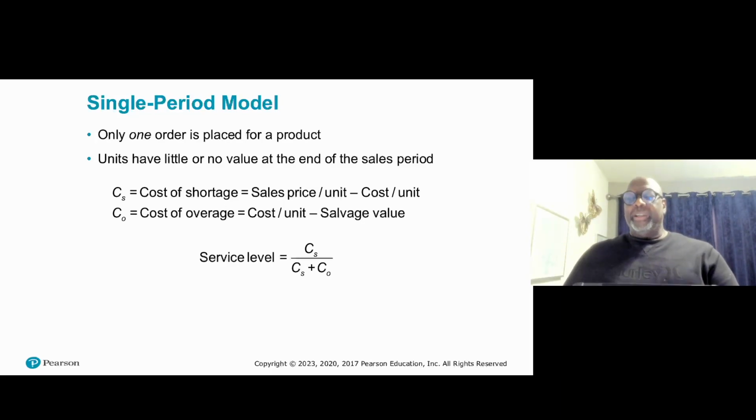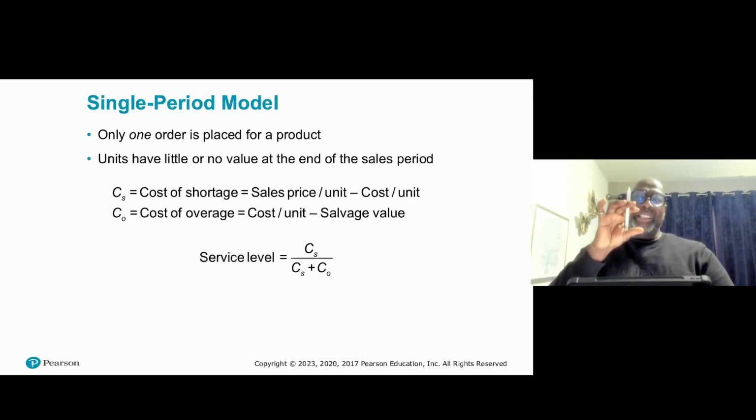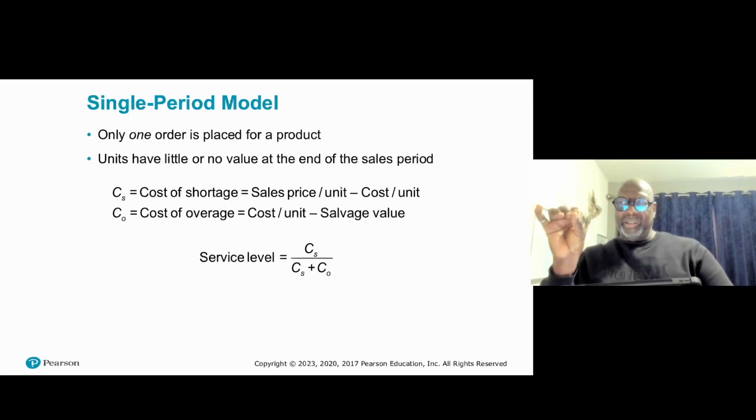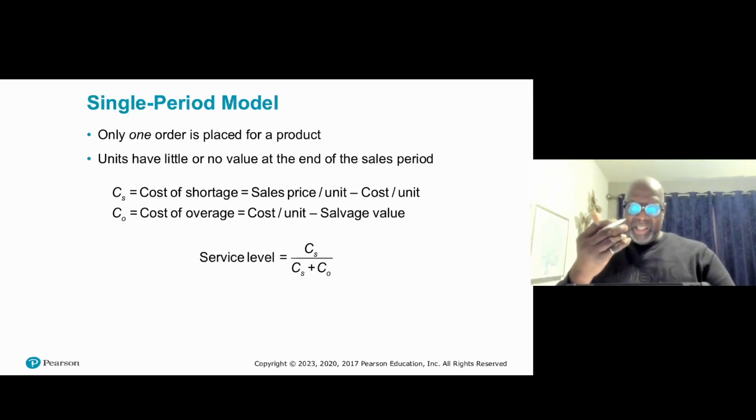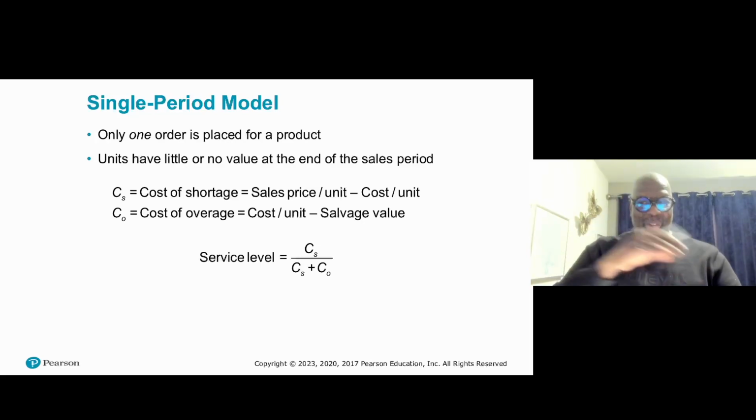So if you are a newsvendor trying to determine how many newspapers to stock, you have to balance the risk of stockout with the risk of having excess inventory, because you're going to have to get rid of those excess newspapers. Nobody wants them unless your picture is in that newspaper. You're not going to go looking for the one from the day before if you didn't get it on that day.